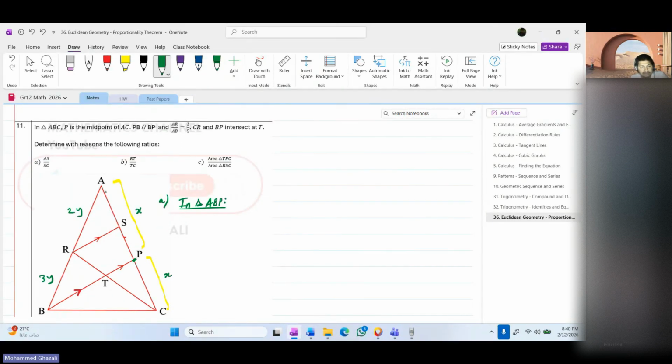I need to find AS to SC. Did they say AS to SC? No. Let's work with this triangle first because I want AS to SC. I can't work with that. I need to work with this first, right? So let's see. AR to RB.